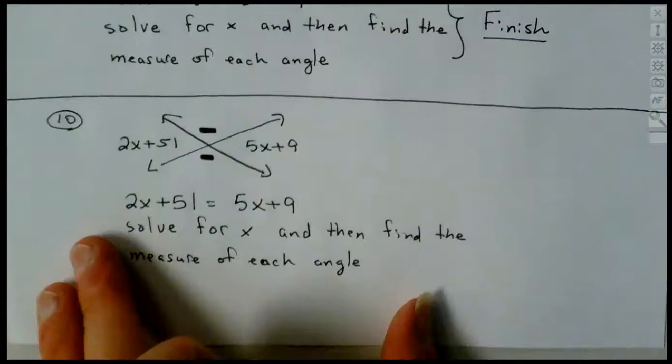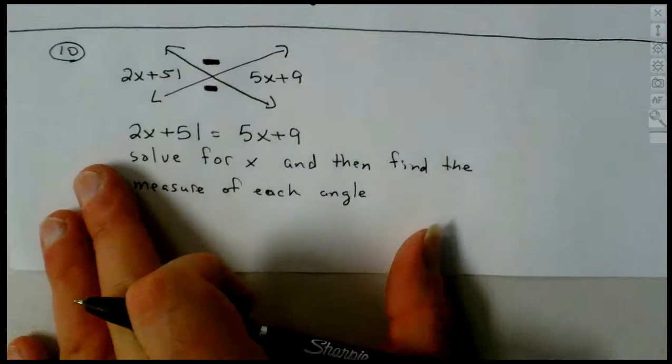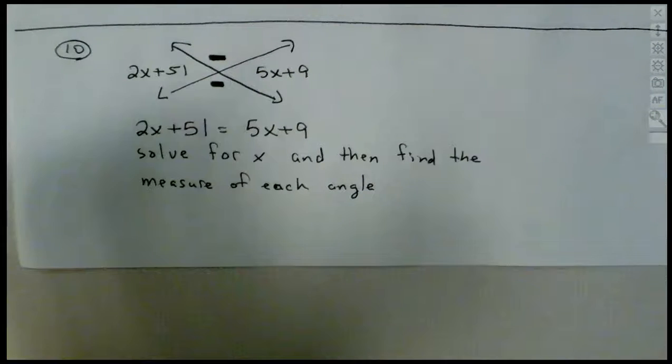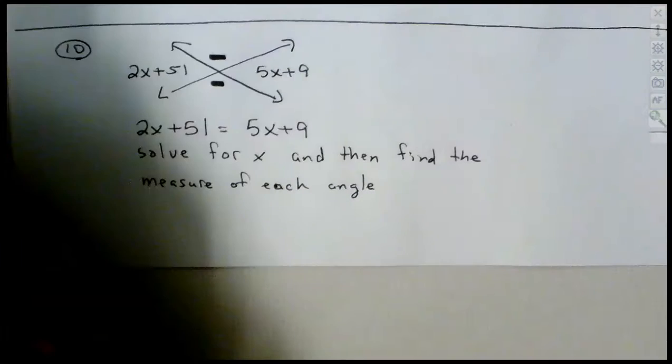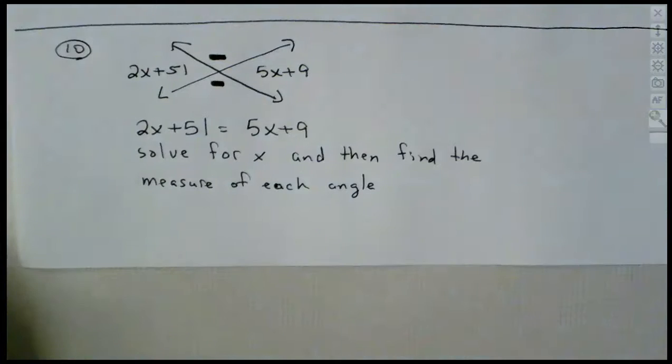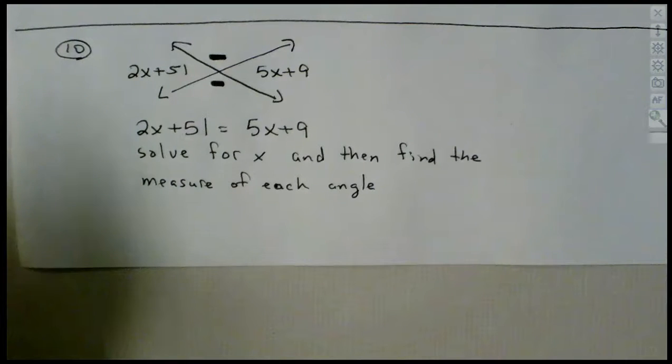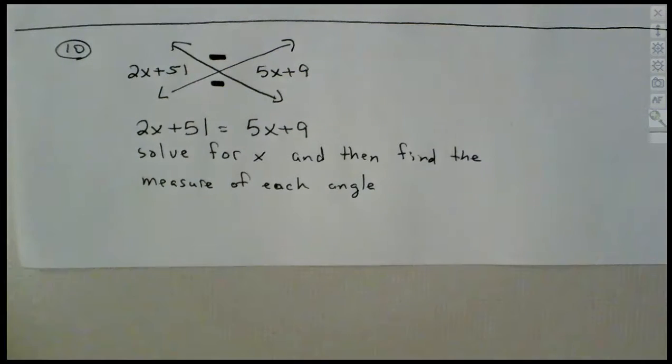Okay, so you'll solve that for your x. X is not going to be your answer. You're going to have to take that, plug that back in. And I think we may have forgotten question 7, so we'll go back and get that. I think I just looked right past question 7, so we'll go back and pick that one up right now.